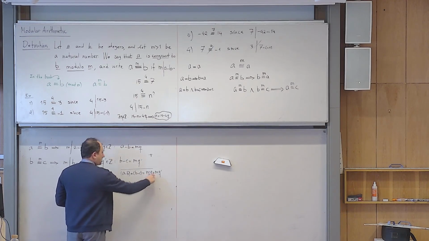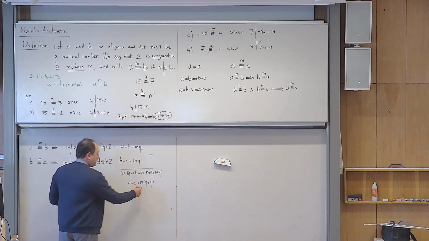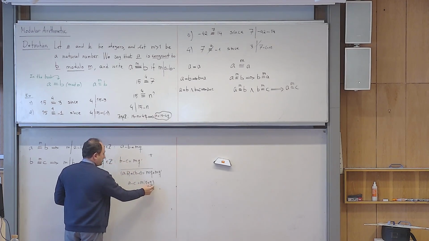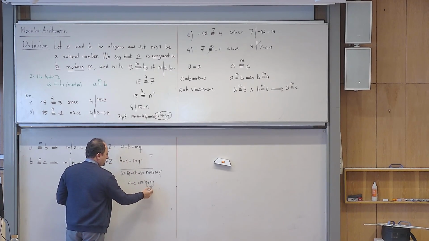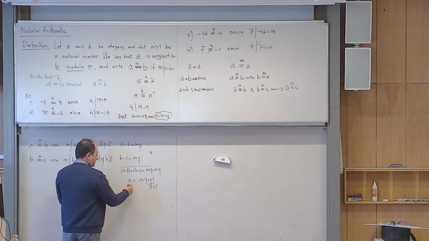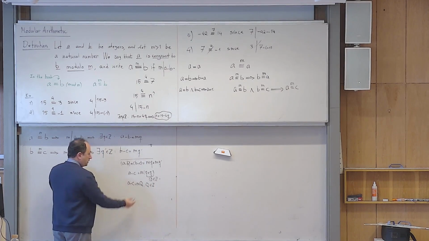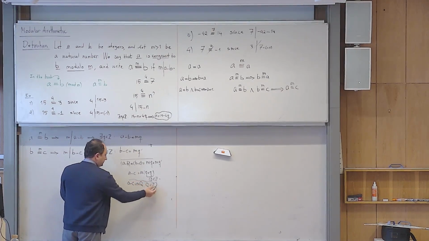On the right-hand side, I can factor M out. It becomes Q plus Q prime. Okay? And then Q and Q prime are integers, so when I add them, it becomes another integer. Okay, so what happens now? A minus C is M times capital Q, and capital Q is an integer. So what is the meaning of this?